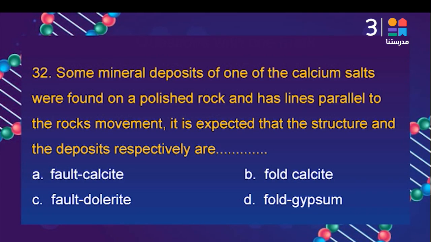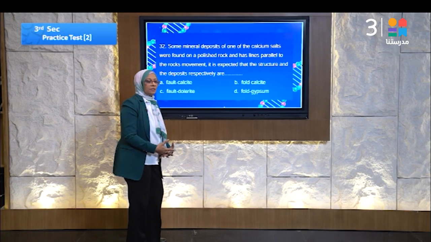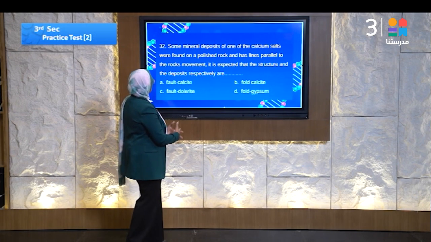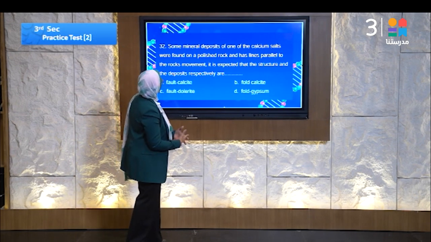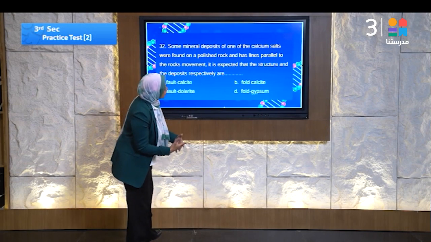32. Some mineral deposit of one of the calcium salts was found on the polished rocks and has lines parallel to the rocks' movement. It is expected that the structure and the deposit respectively are, let's go, respectively means structure and expected deposit.